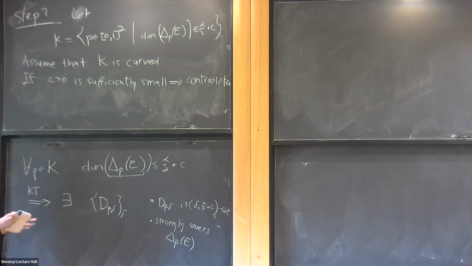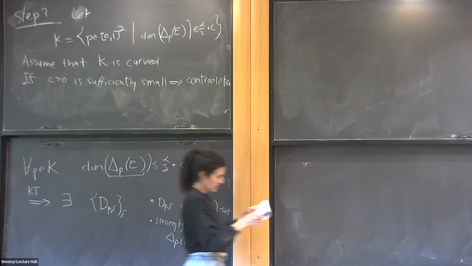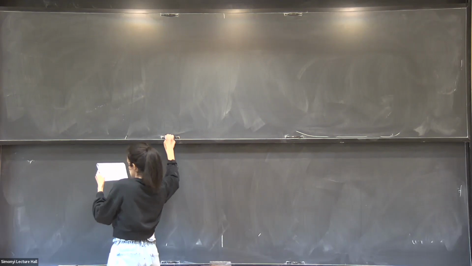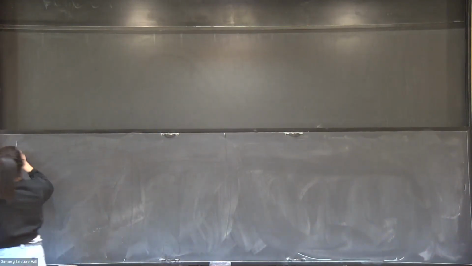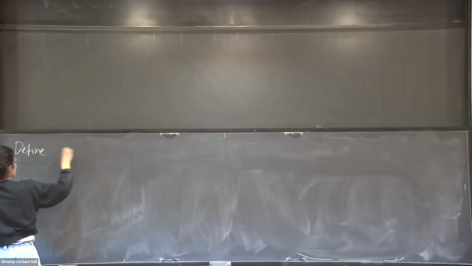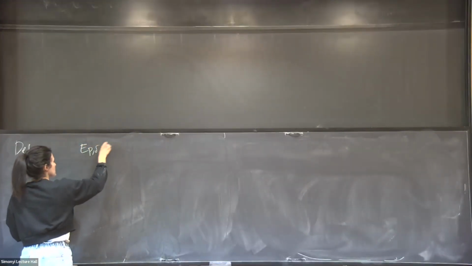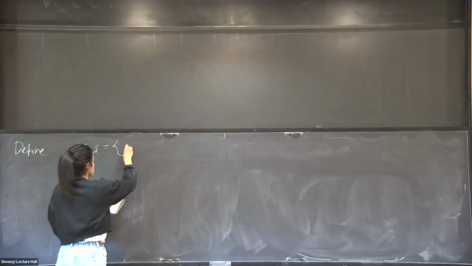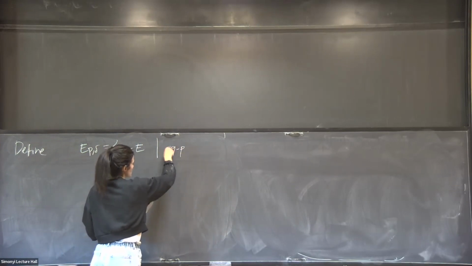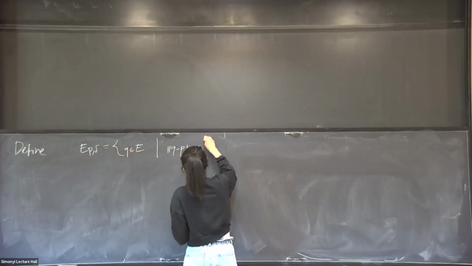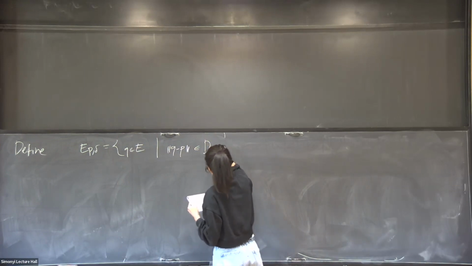So how do we do that? Now we have a covering of the distance sets, right? But we want somehow to go back to the points. So how do we do that? Find E_p delta on the points in E such that the distance between Q and P is in D_p delta.